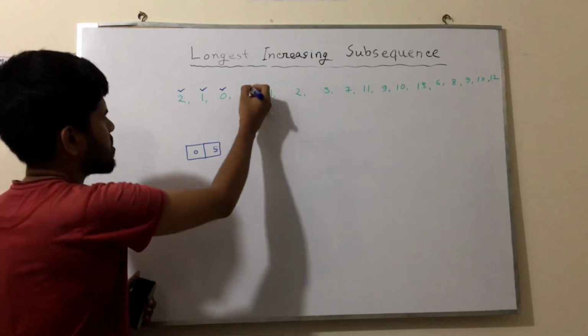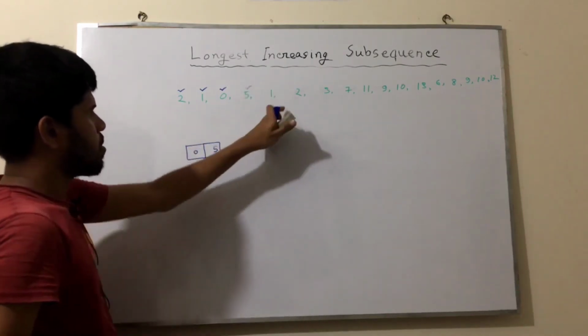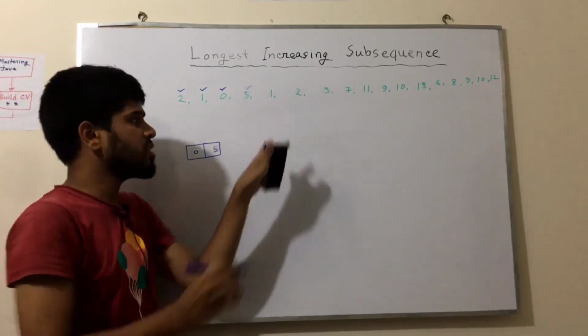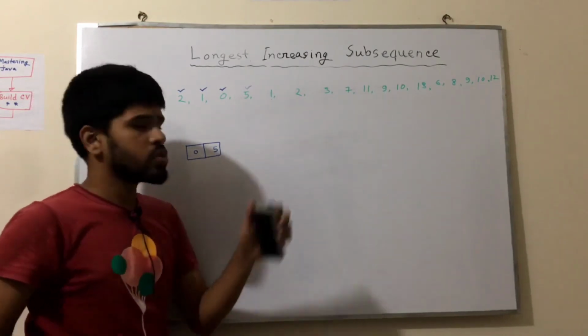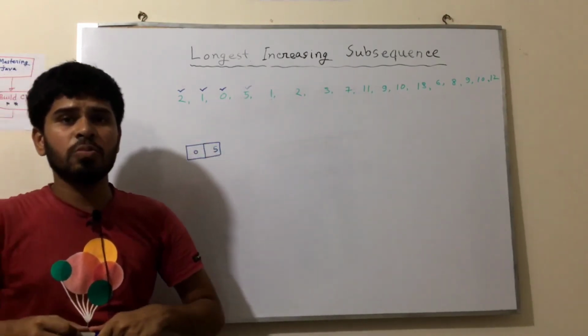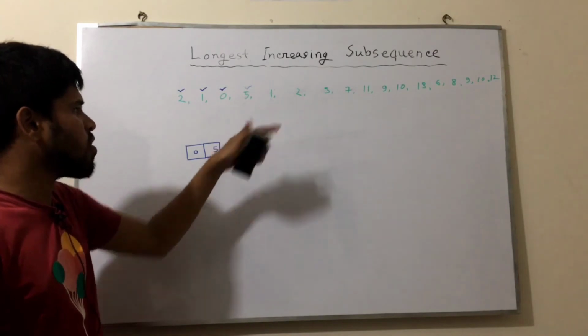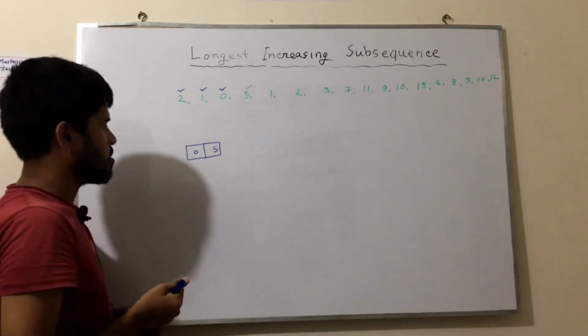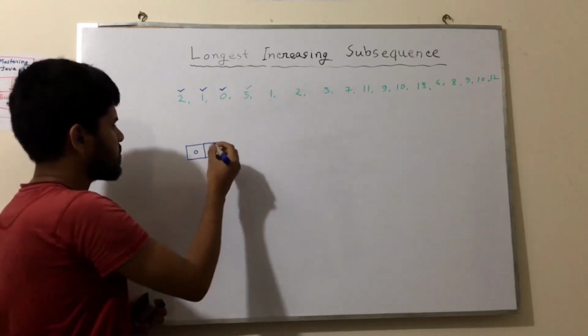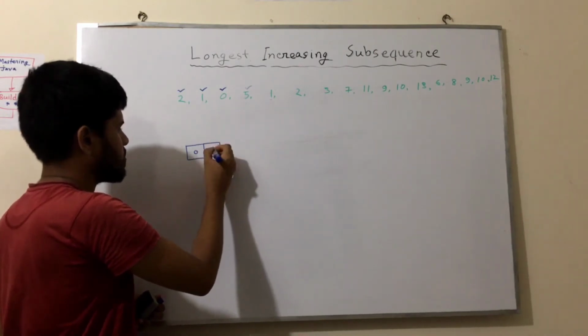Now let's move forward. This is our current element, 1. So let's update the immediate next of 1. What is the immediate next of 1? That is 5. So let's update this 5 with 1.